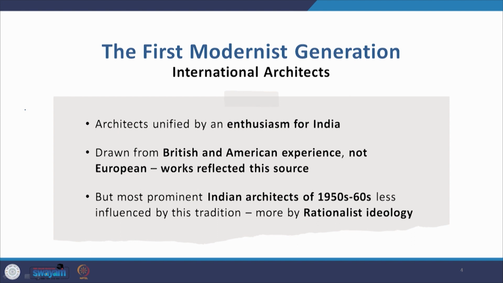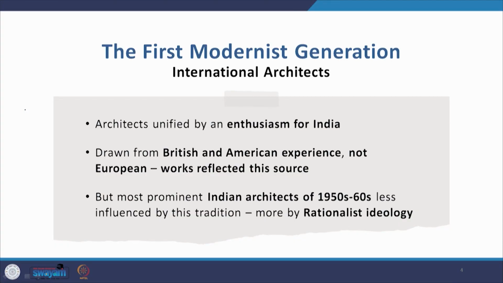The first modernist generation of international architects to practice in India were very enthusiastic in their response to produce a modernist architecture for India, and they were drawn primarily from their British and American experience and not so much from the European experience, as is reflected in the works seen in the early years.